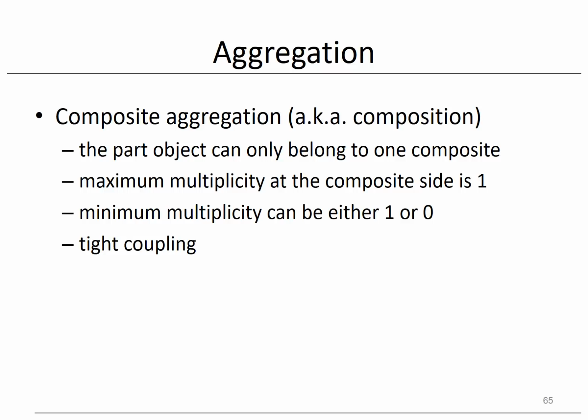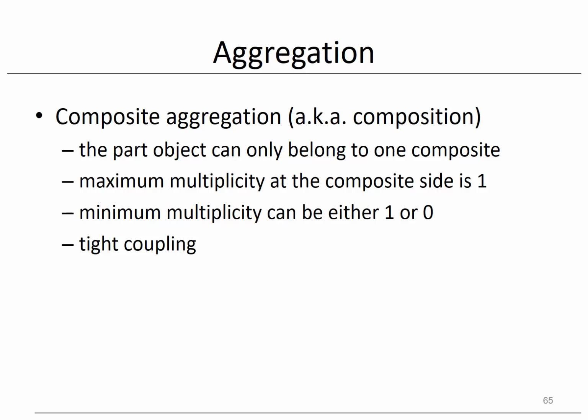As an example, consider two composite aggregations, one between engine and boat, and one between engine and car. Since an engine can only belong to either a car or a boat, the minimum cardinality from engine, the part, to boat and car will be 0 respectively.